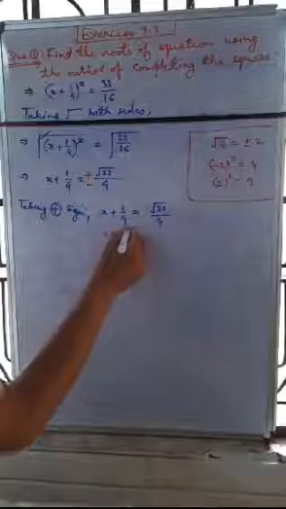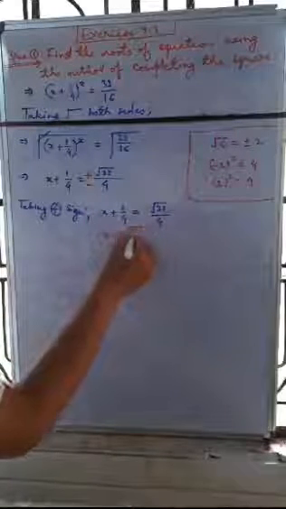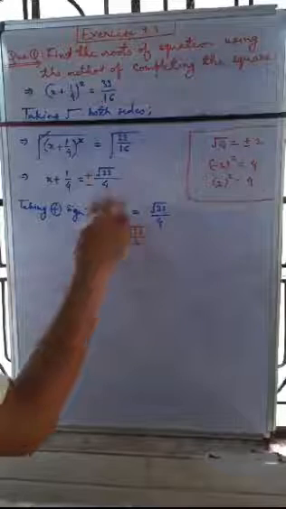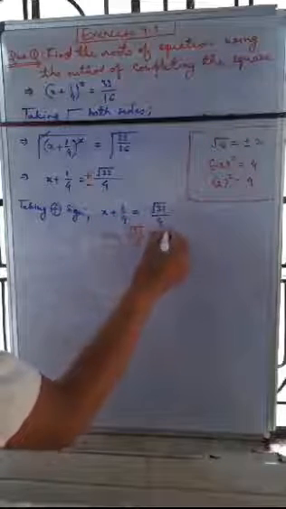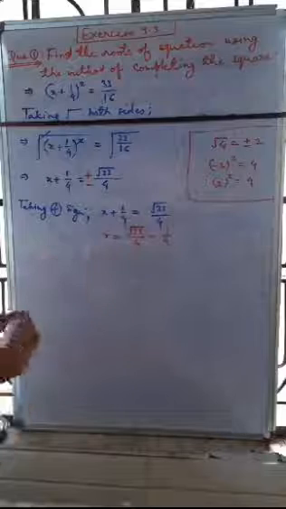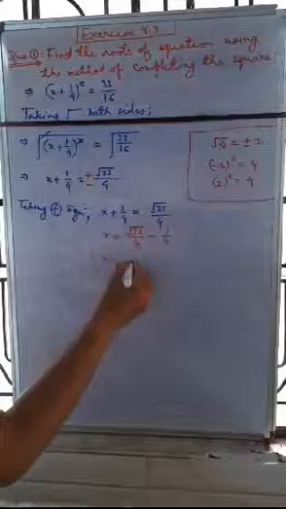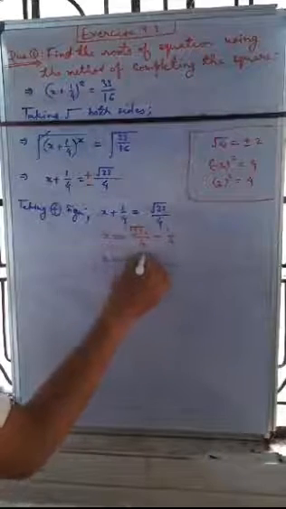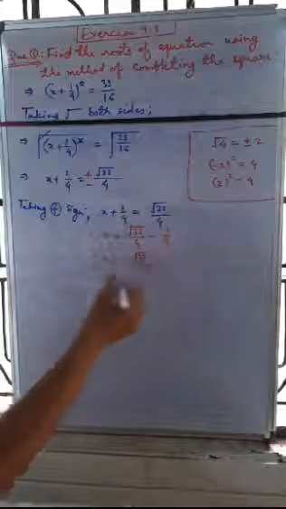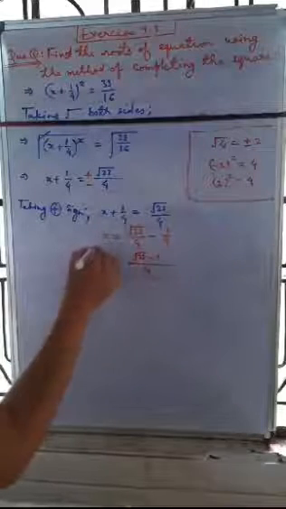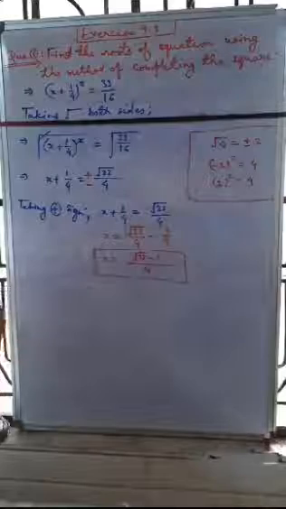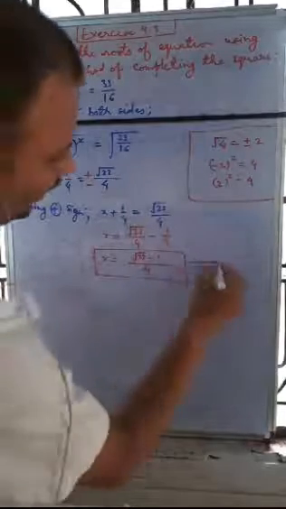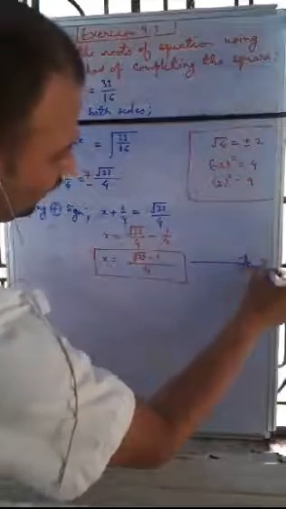Now x will be under root 33 by 4, and transferring plus 1 by 4 to the right hand side, that will become minus 1 by 4. Taking LCM 4, we get root 33 minus 1 upon 4. So it is the solution, or first root, of the equation. It may be the answer.